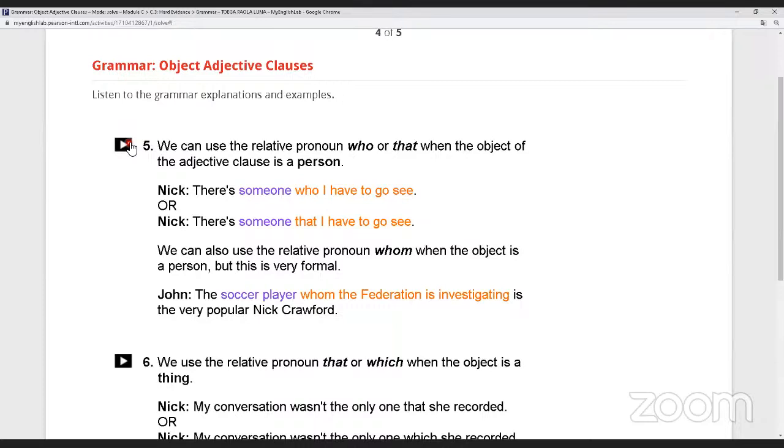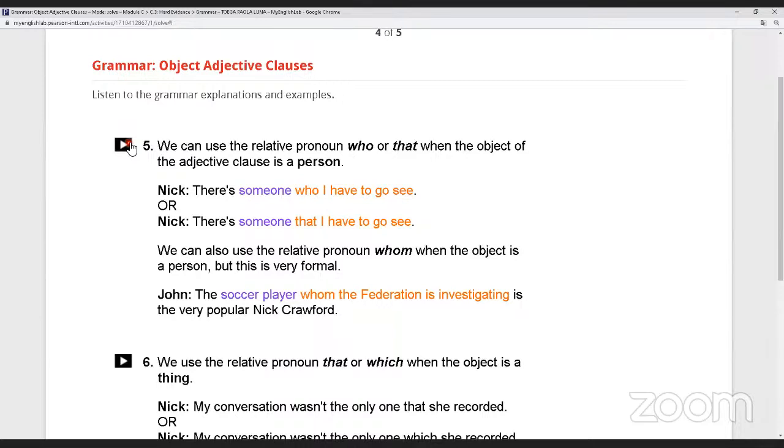Okay, I'm going to send a pic of the relative pronouns to your WhatsApp. Okay, and there you have a list of the relative pronouns, right? We have who, which again, when it refers to a whole sentence.